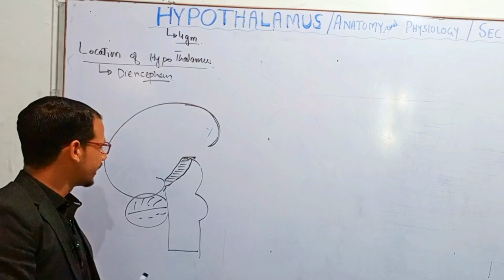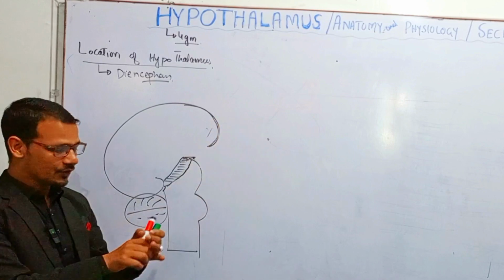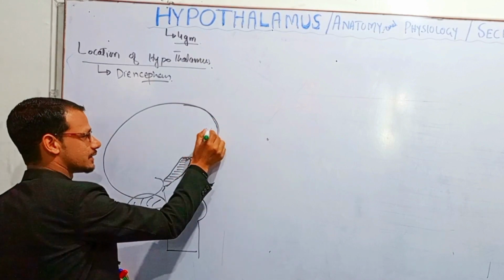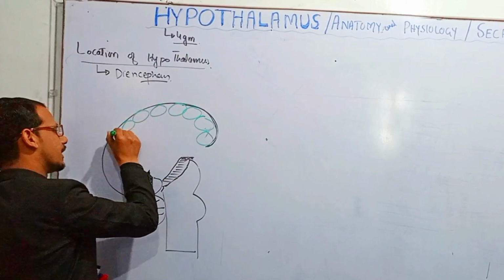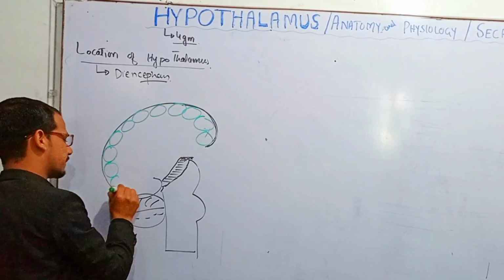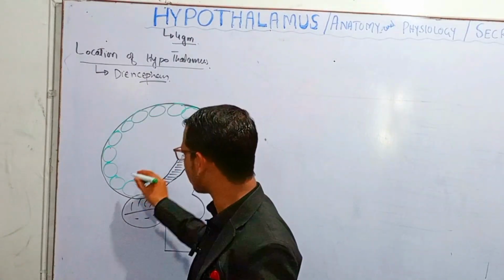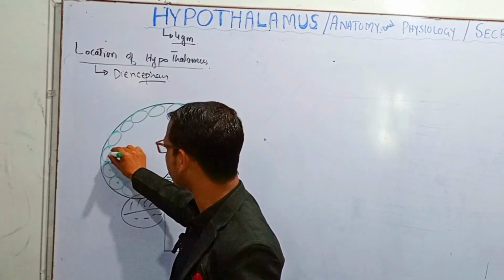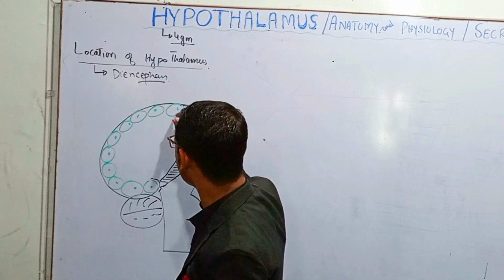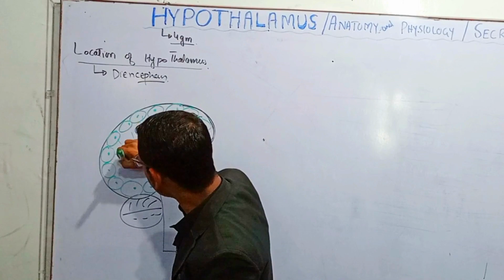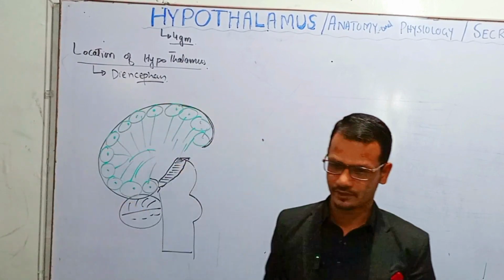For example, if we cut this brain cross-sectionally, right, we will see 2 areas. One is this outer cortical area, which is called the cerebral cortex, which is composed of gray matter, and the gray matter is actually the cell bodies of neurons, and the axons extend from these cell bodies.